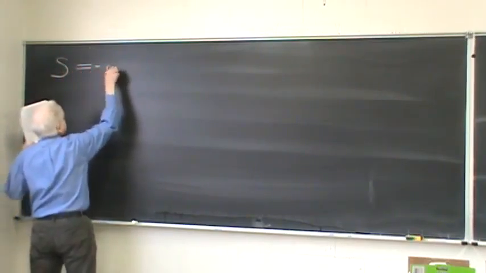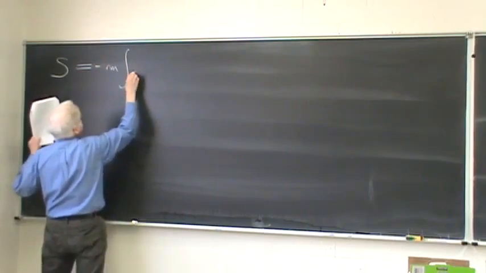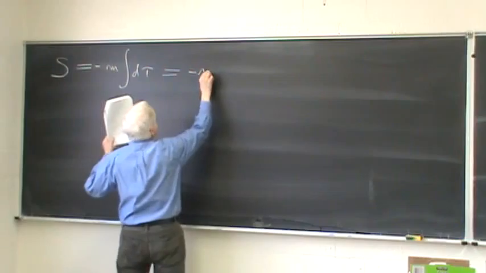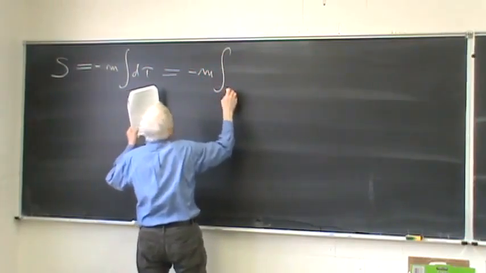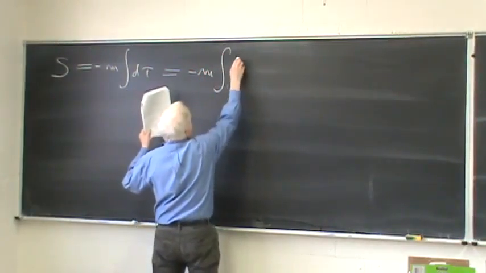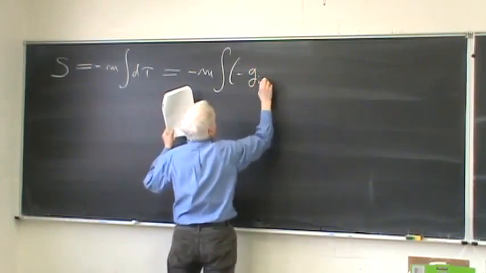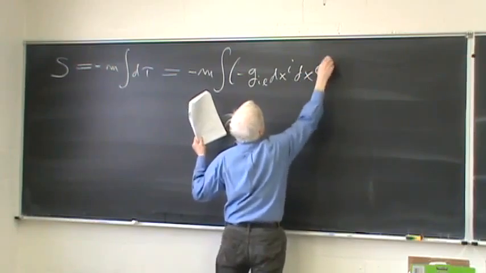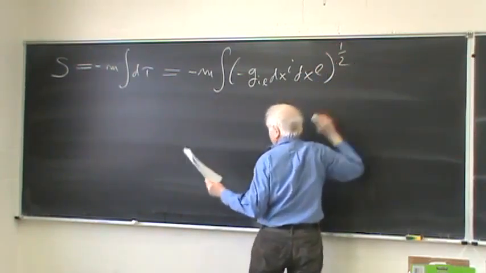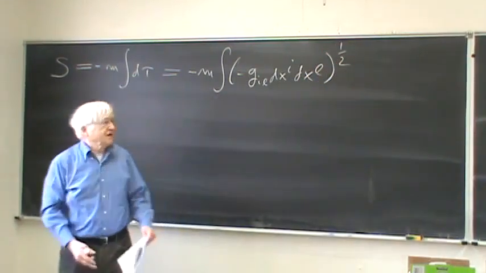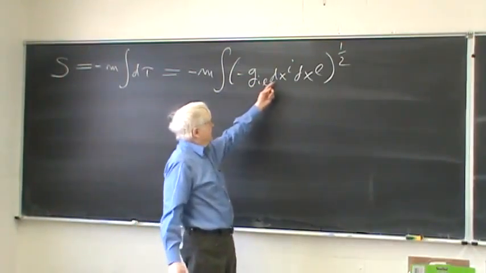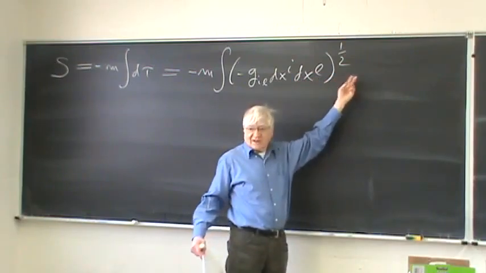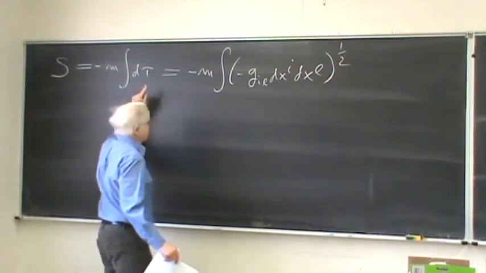This is minus m integral dτ, and we can rewrite this as minus m integral, well, dτ is minus g_il dx^i dx^l to the 1/2. And that might look a little bit funny, but when you think about it, this is just dx squared. That's a square root, so what comes out is a dx, and it's effectively dτ.